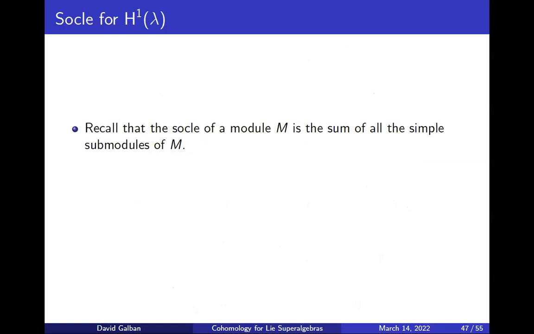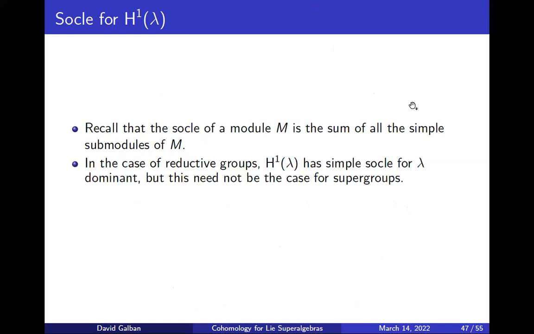So, finishing off with computing the socles for H1 of lambda. Recall that the socle of a module M is the sum of all of its simple submodules. In the case of reductive groups, H1 of lambda is always going to have a simple socle as long as lambda is dominant. But this ends up not needing to be the case for supergroups.